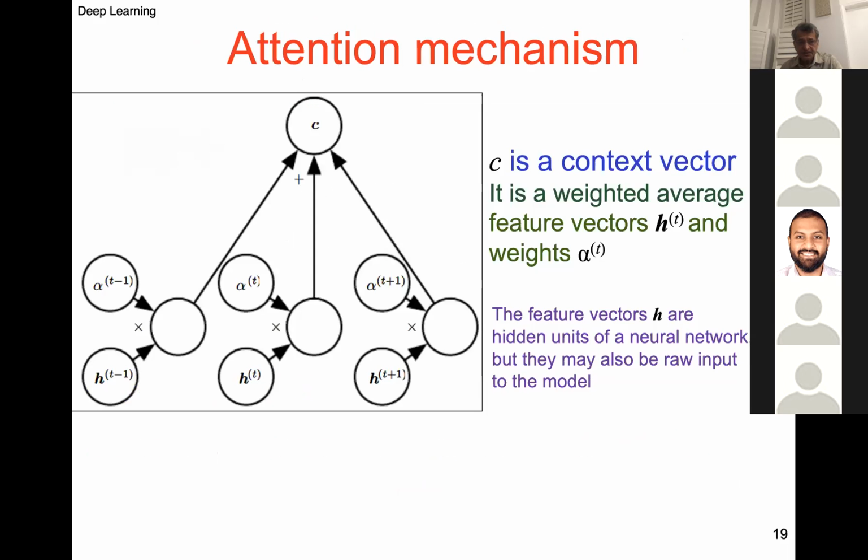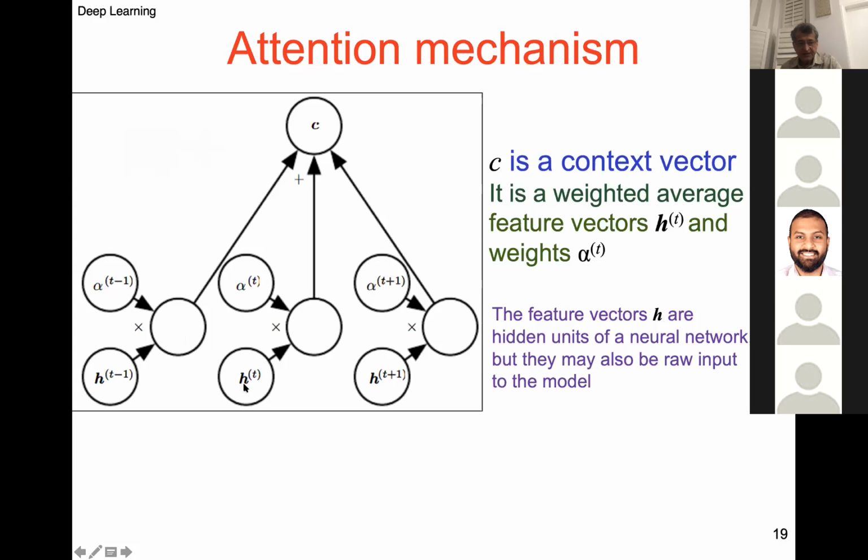So this one shows a little bit more about this attention mechanism. C is a context vector. It's a weighted average of feature vectors H and weights alpha T. So we have these hidden unit values coming from the input, and it's a weighted average in the sense each of them is multiplied by an alpha. HT minus 1 is multiplied by alpha T minus 1.